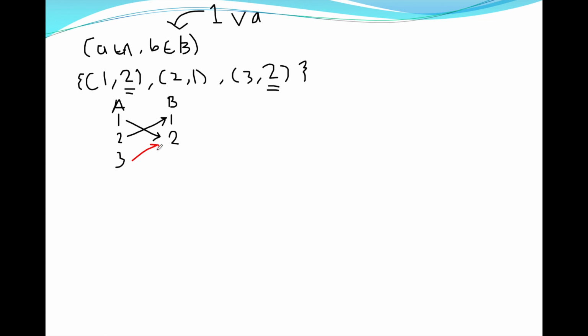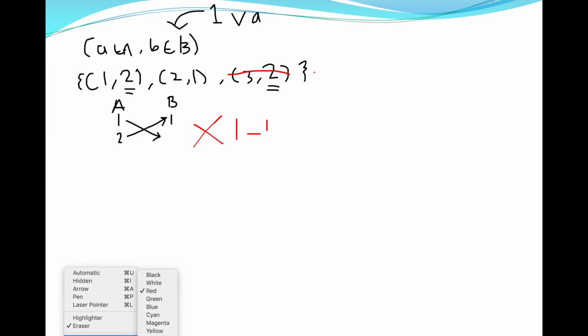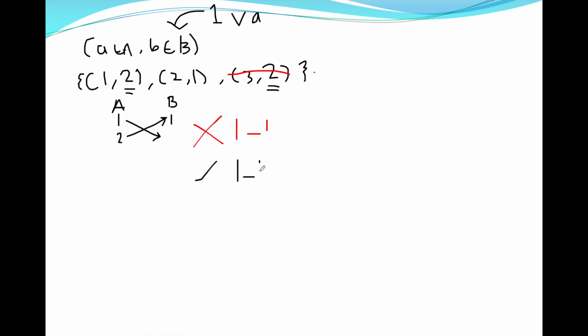Because of these relations, these sets are not one-to-one. If we remove these pairs, then it becomes one-to-one.